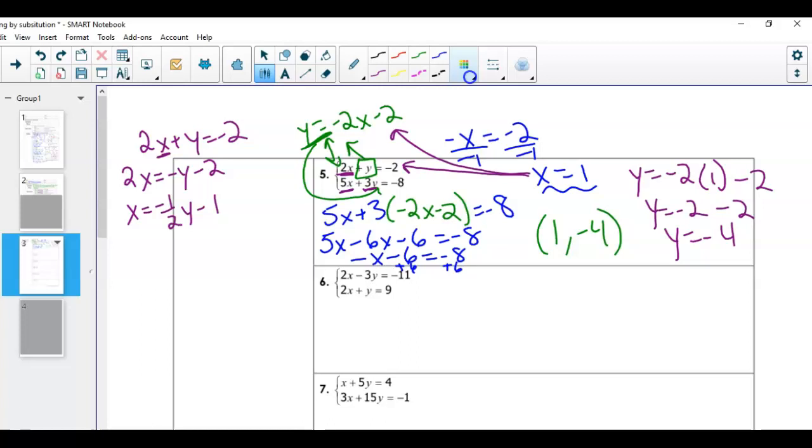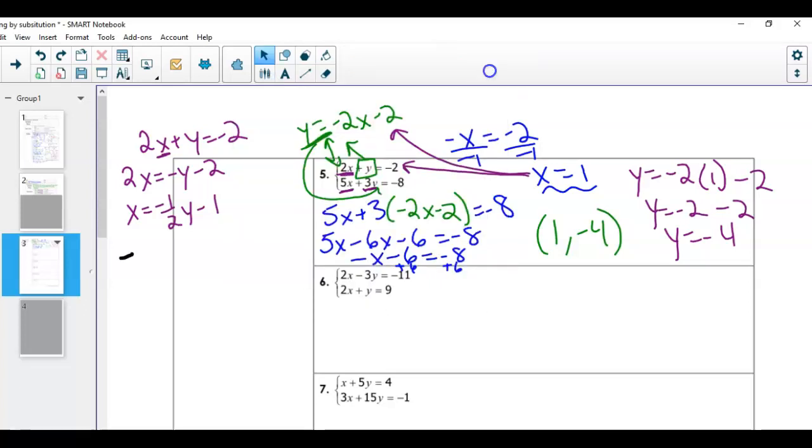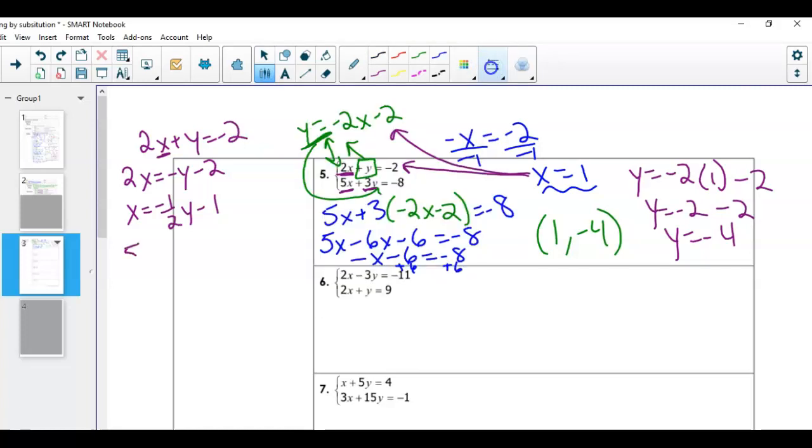Now, when you go to put this into your other equation, you are now dealing with this fraction. Did it again. So when you do this, sometimes you'll end up with not nice looking fractions that you'll have to do something with.